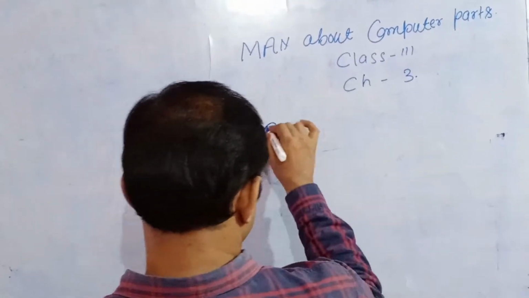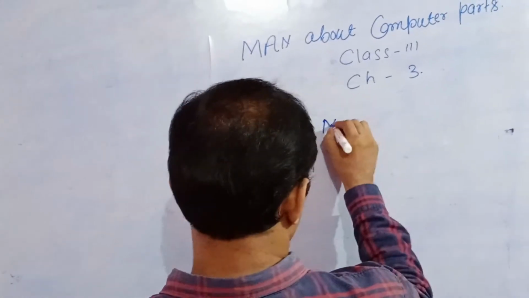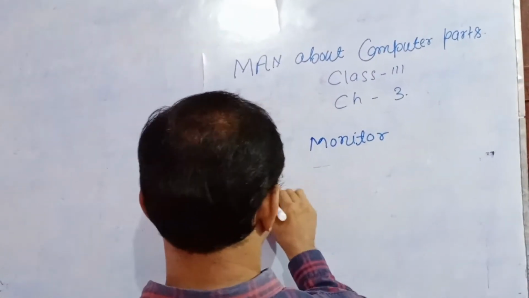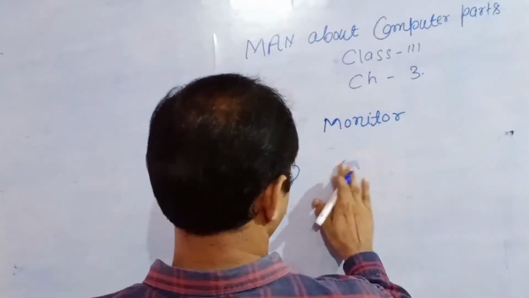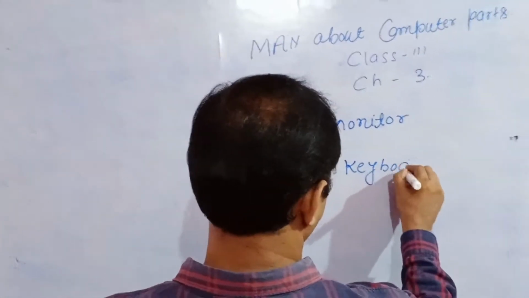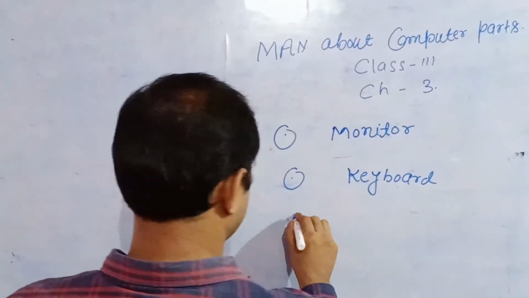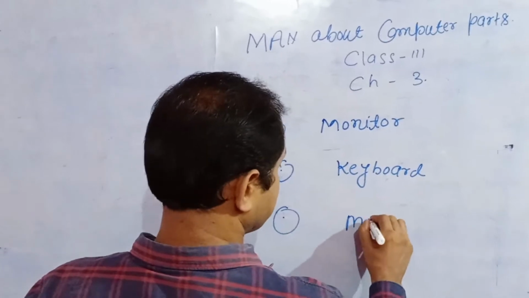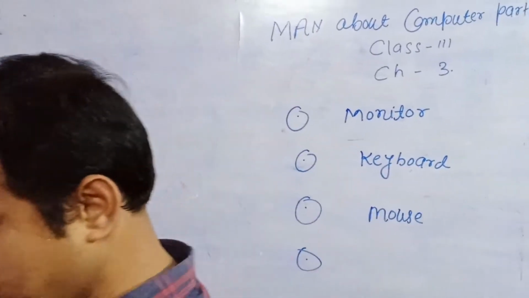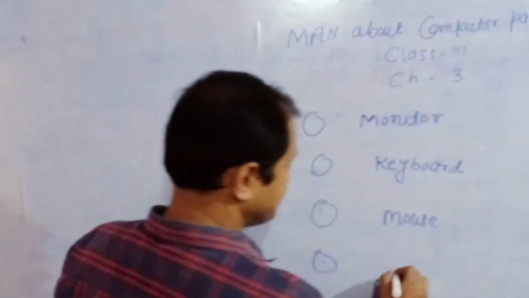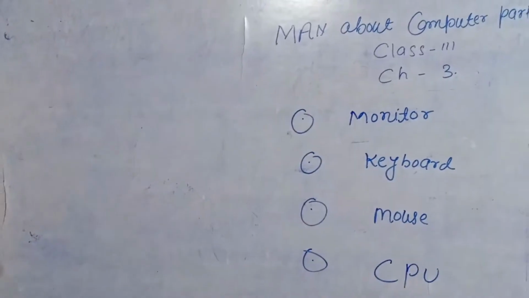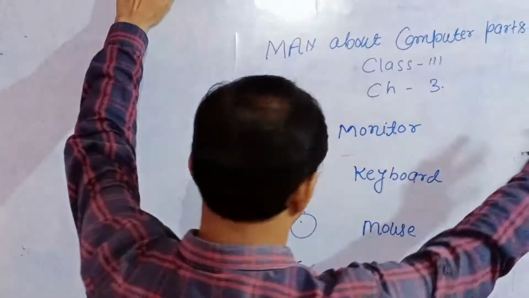Today I discuss in this chapter first monitor, second keyboard, third mouse, and fourth CPU. These are the four important parts in this computer.